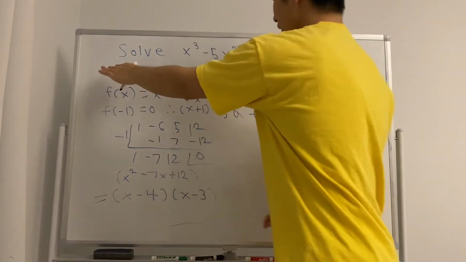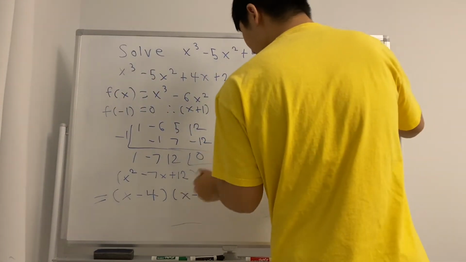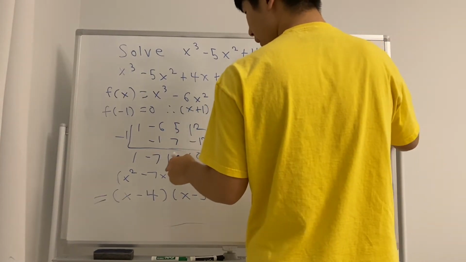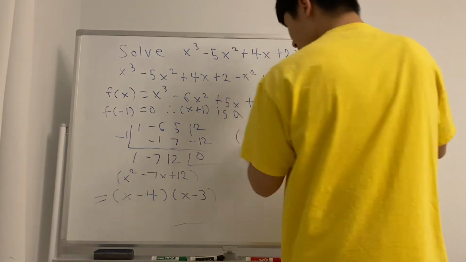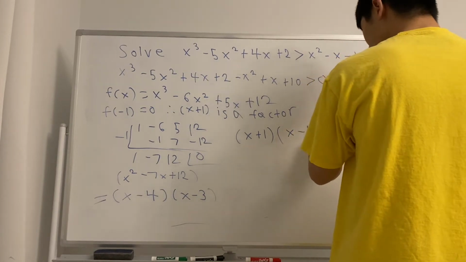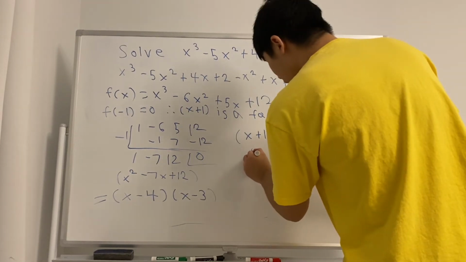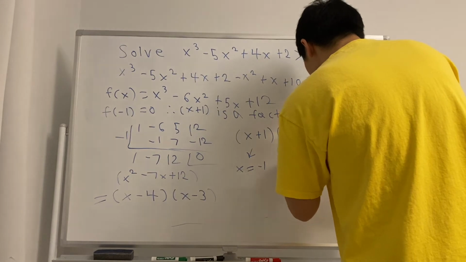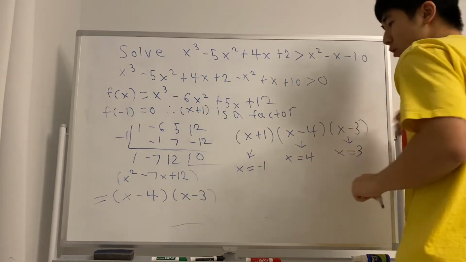Okay, so when we factor this whole thing, our answer is x plus 1 times this. So now that we have all the factors, we can solve for x. So these are our x-intercepts.